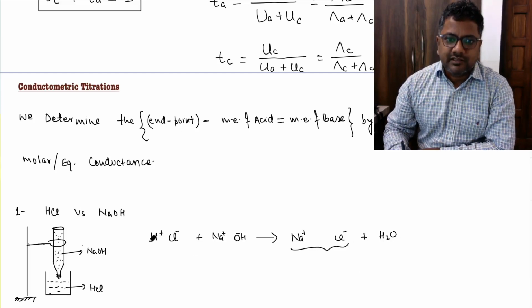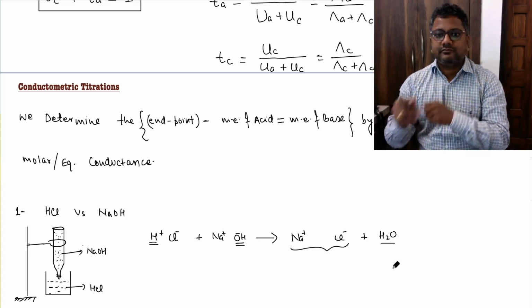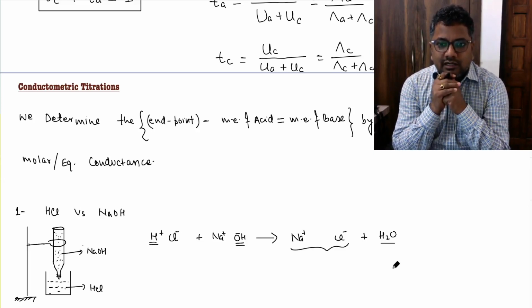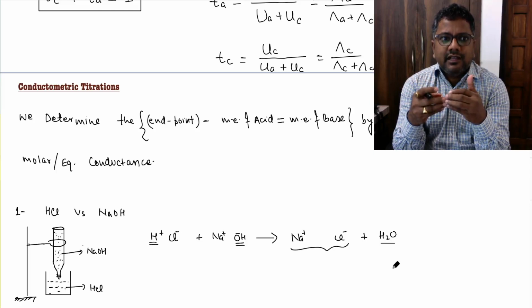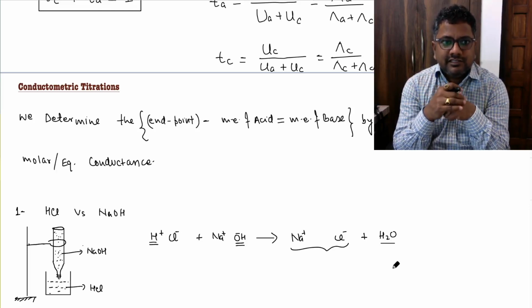Means H plus from HCl and OH minus from NaOH will combine and form water. And the molar conductance of H plus is the highest, and the second highest molar conductance is for OH minus. So if H plus and OH minus are continuously decreasing in the solution when you add NaOH to HCl, then what will happen?